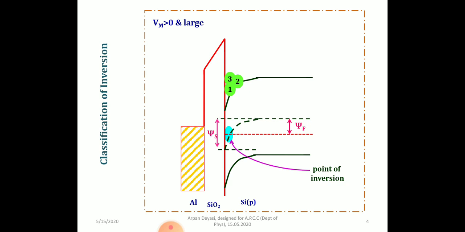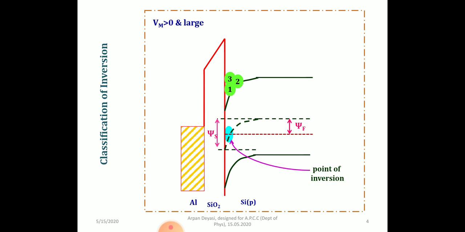The intrinsic Fermi level crosses the extrinsic Fermi level as usual, because that's the inversion condition. After crossover, it goes below the extrinsic Fermi level, fine, and the energy gap between the Fermi levels after crossover may be equal to or greater than the energy gap with respect to bulk.